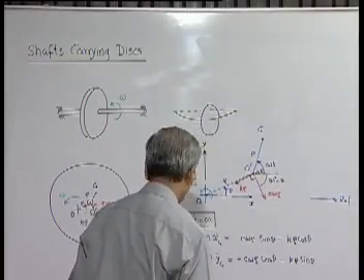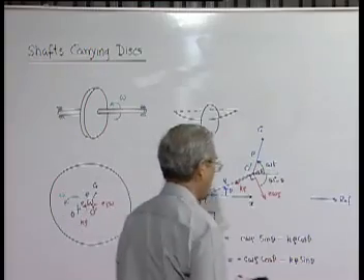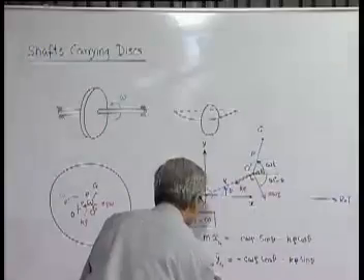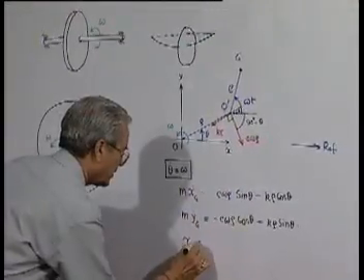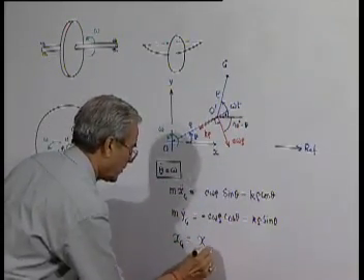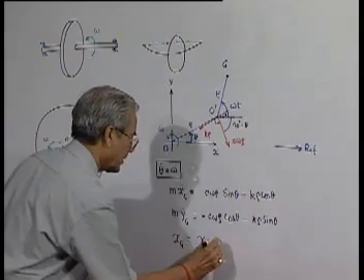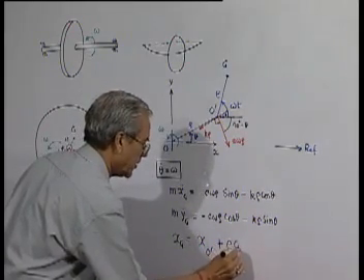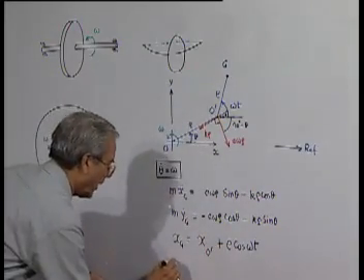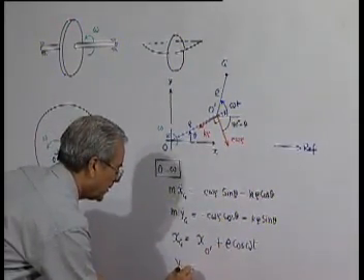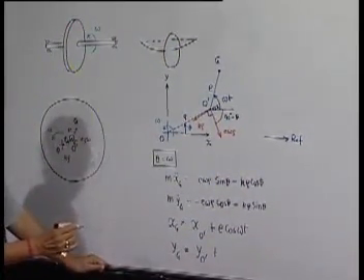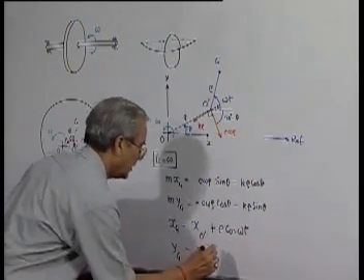Now, we can also represent xg and yg. Now, this xg is equal to xo prime plus e cosine omega t, and yg is yo prime plus e sine omega t.